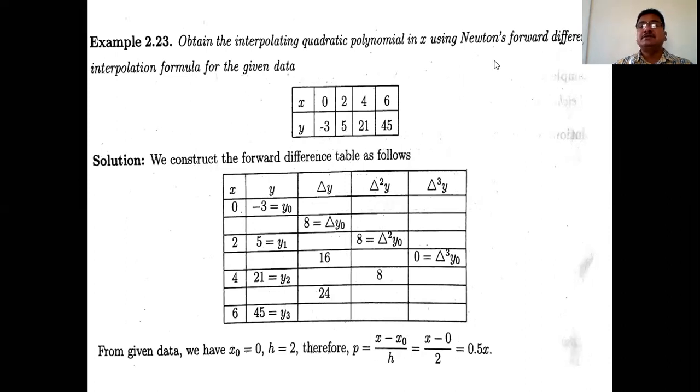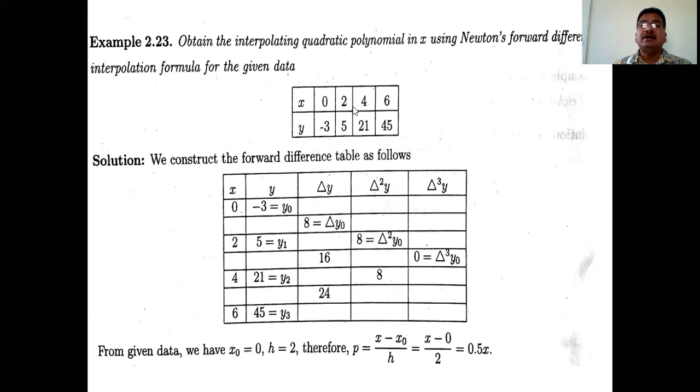Otherwise, if this instruction is not given in the problem and we have to find a polynomial which takes these values, then we can apply Newton's forward, Newton's backward, or Lagrange's interpolation formula. But my suggestion is that the selection of the interpolation formula depends on you: if the values of X are equidistant, then use Newton's forward or Newton's backward interpolation formula.